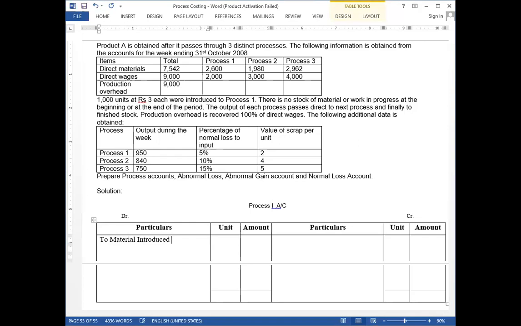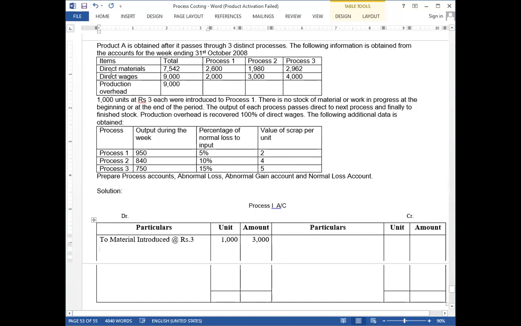You can write material introduced or just material. How many units? 1,000 units, and the rate per unit is rupees 3. So 1,000 into 3, 3,000 rupees.